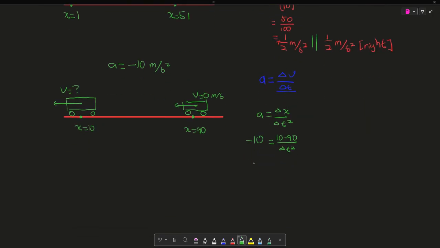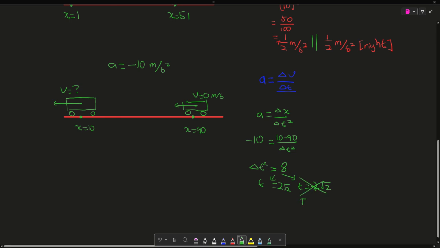And when you simplify, you get negative 80 over negative 10, which is positive 8. So delta t squared equals 8. So t would be equal to either 2 root 2 or t equals negative 2 root 2. But this is inadmissible because you cannot have a negative time. All right, so we know that t is 2 root 2 seconds.